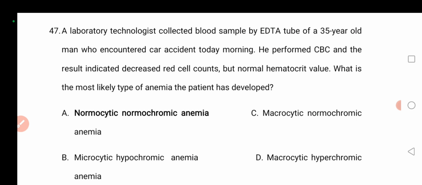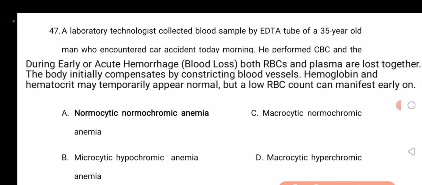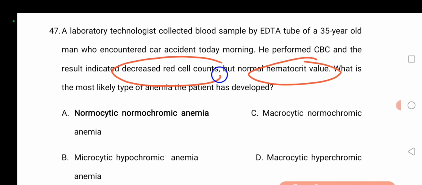In this case, the hematocrit value is normal, but the red cell count is decreased. Hematocrit means, as you know, the ratio of the RBCs to the RBCs plus the plasma. So in this case, the plasma is normal or increased, but the red cells are very low.